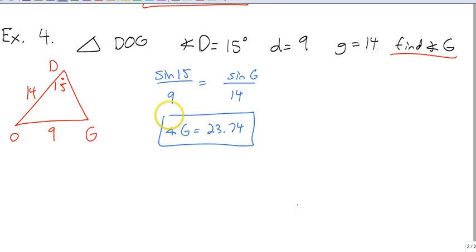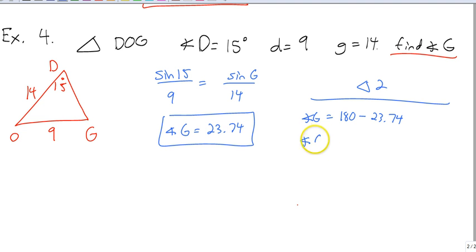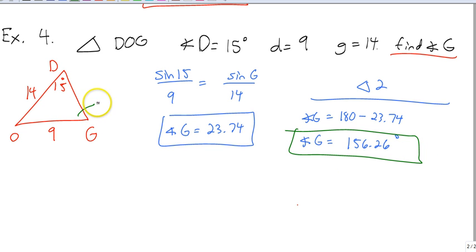Now you need to check for triangle 2. In triangle 2, angle G is equal to 180 minus 23.74. So angle G can equal 156.26, which is pretty high. But look at this and see if it can also fit in your original triangle. Can I take this value right here and put it in for G?